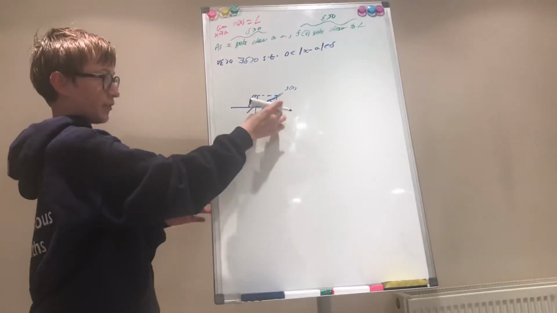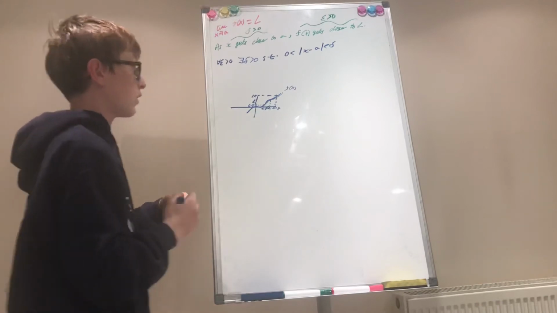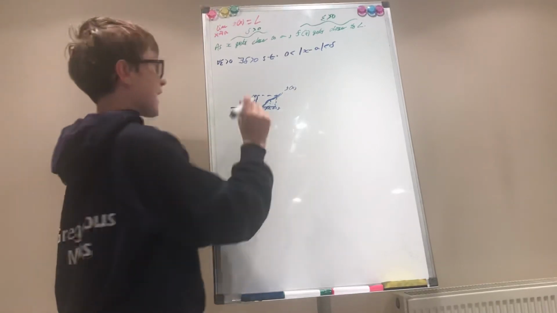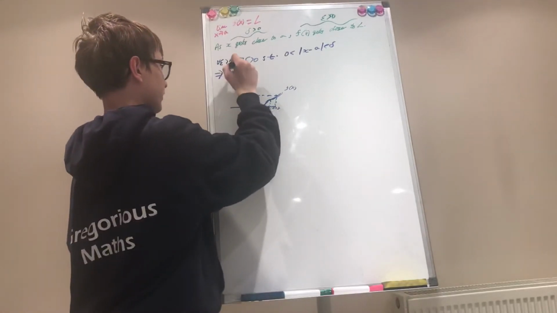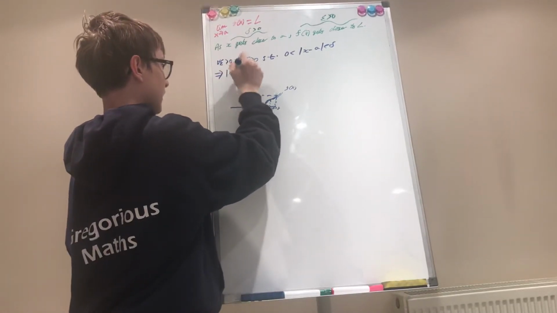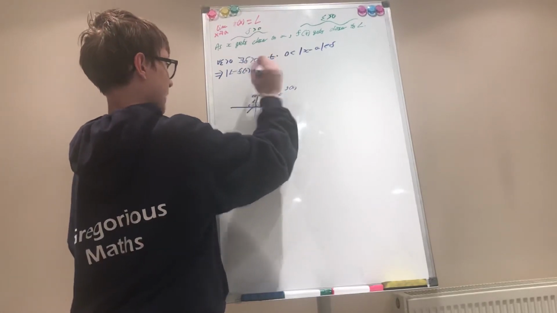That guarantees that x minus A is within this range of radius delta, okay? And that implies that the distance between L and f of x is less than epsilon.